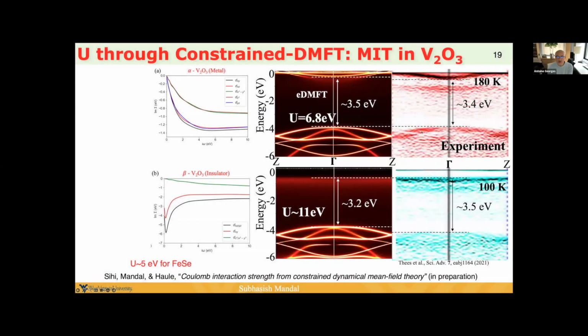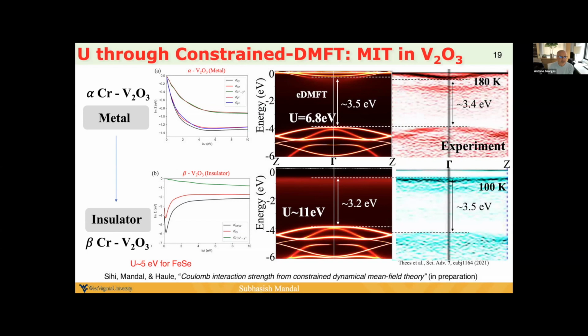So do I understand correctly? One is V2O3 in the metallic phase, and the other one is V2O3 in the insulating phase. I'm not sure what alpha and beta mean. It's just the chromium concentration. Thanks for pointing this out. The chromium concentration actually changes the structure, and that's important, and one needs to optimize the structure.